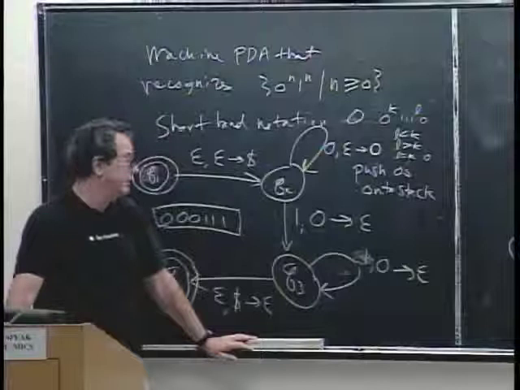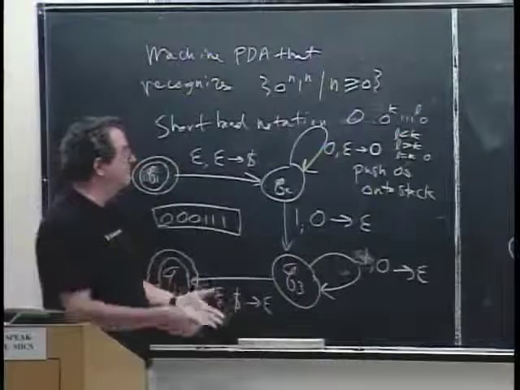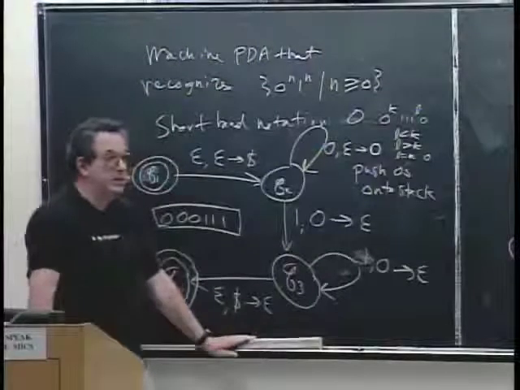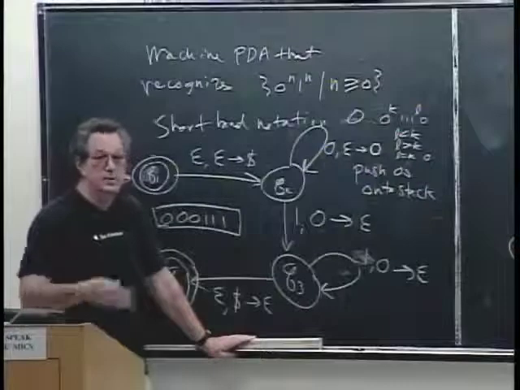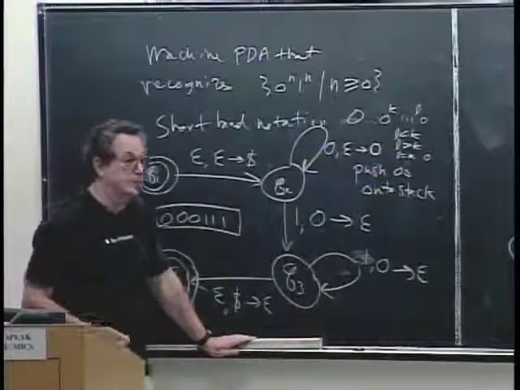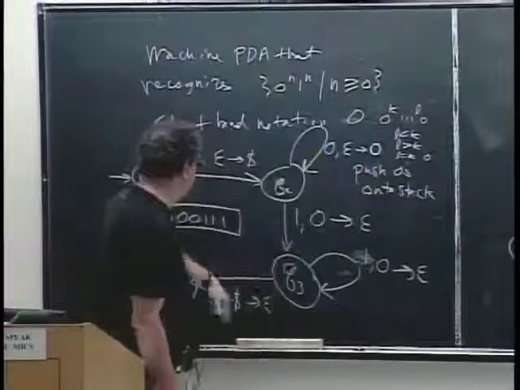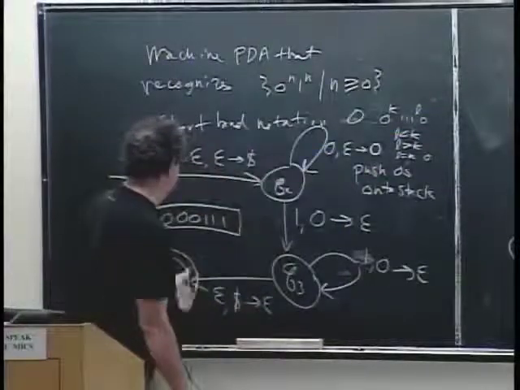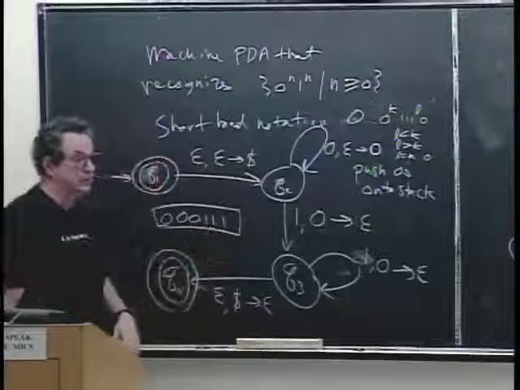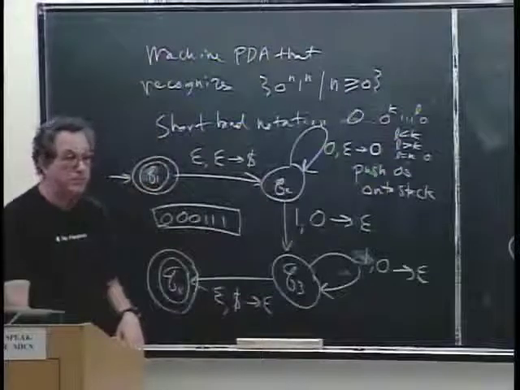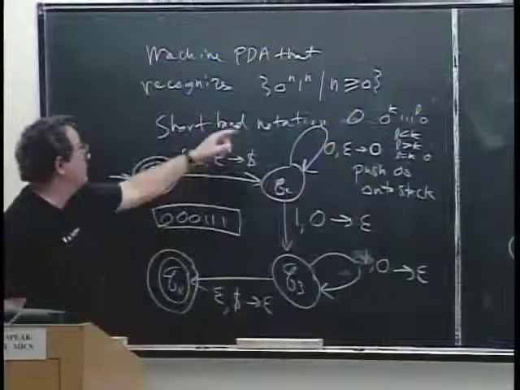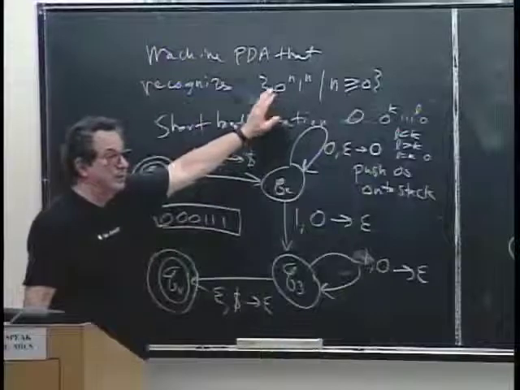Okay, so either way, that computation will end up being a reject computation, and there's no accept computation. Okay, so I'm going to leave it up to you to fully validate, convince yourself that this is an actual correct PDA for this language.